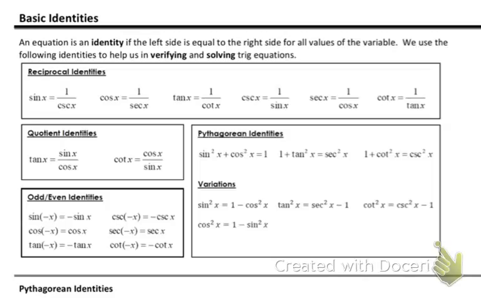These aren't new. They're just easy ways to recognize how I can change something. So if I give you sine squared x, you can rewrite it as this. Or if I give you 1 minus cosine squared x and say simplify it, you're just going to rewrite it as sine squared x. So it's a lot of just replacing parts. You see a big part, what can I replace that with to make it a little simpler?